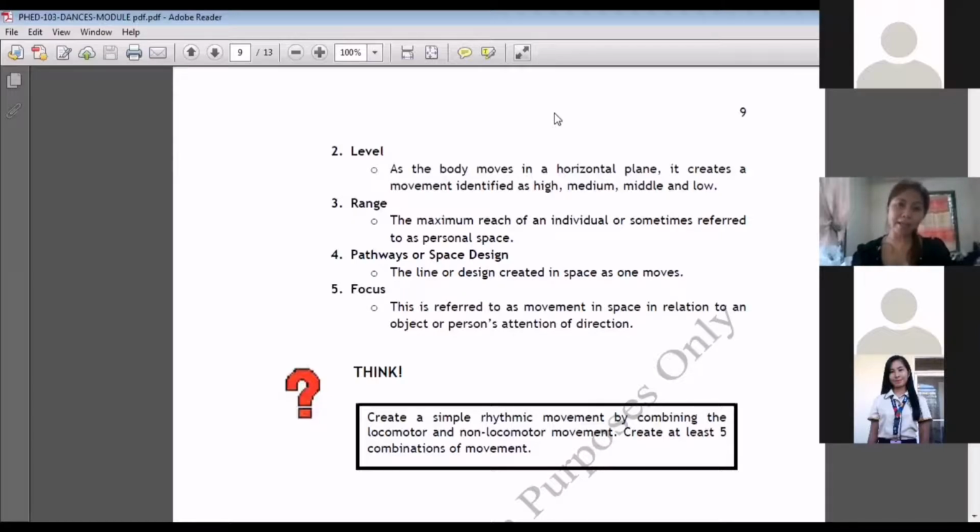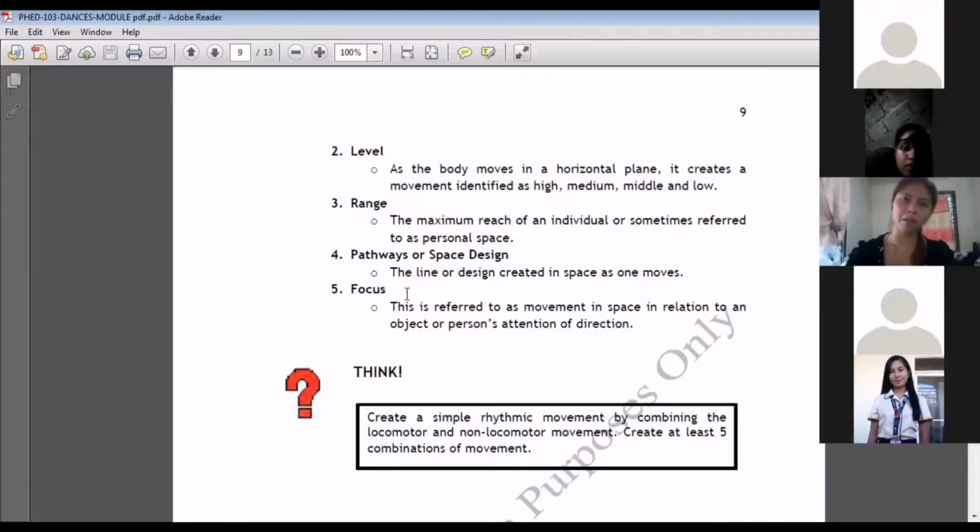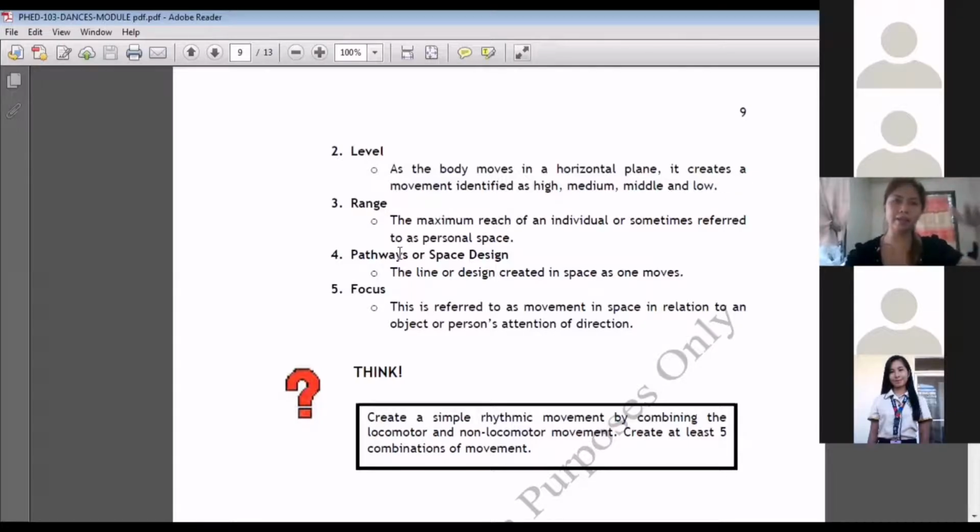So bend low or raise your arms high or on lateral medium, something like that. So yon yung sinasabing level. So merong high, medium, and low.